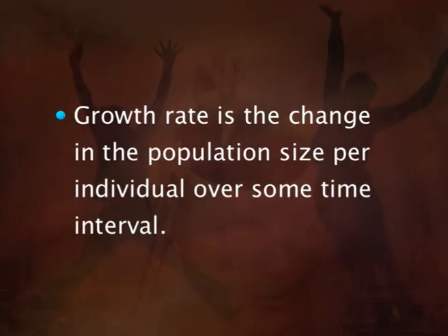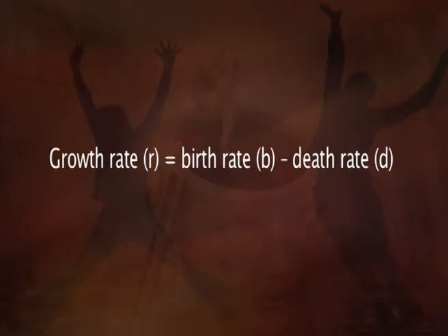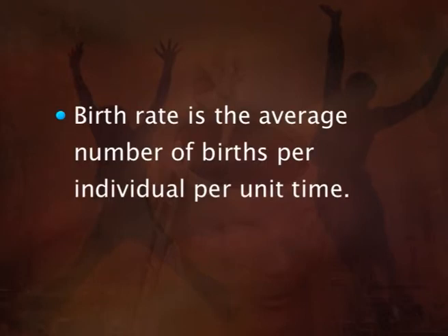Growth rate is the change in the population size per individual over some time interval. So, the equation that is given for growth rate is: r = b - d, growth rate equals birth rate minus death rate. Now, birth rate is the average number of births per individual per unit time.